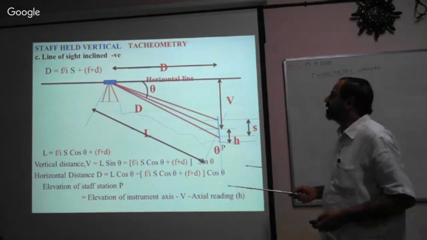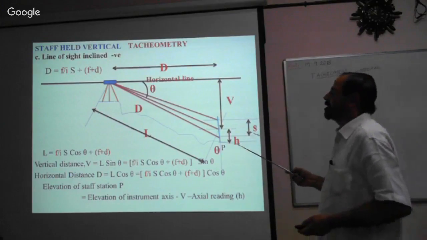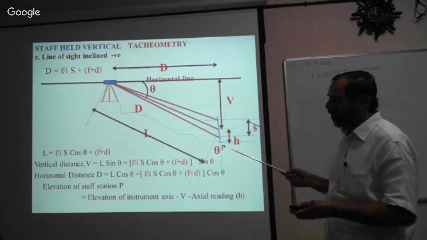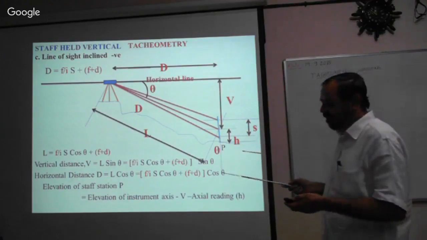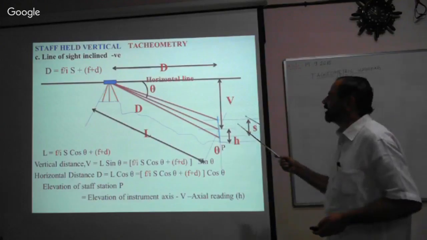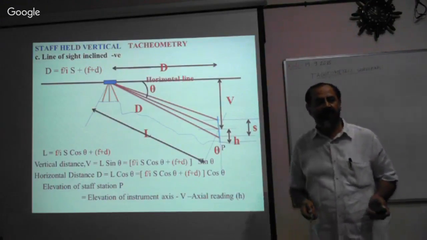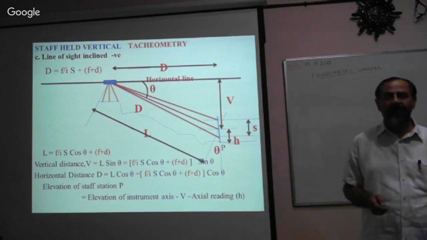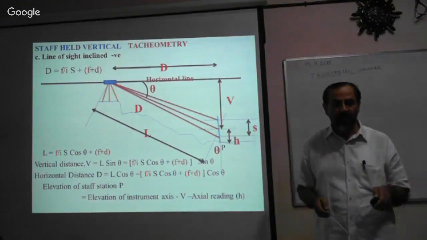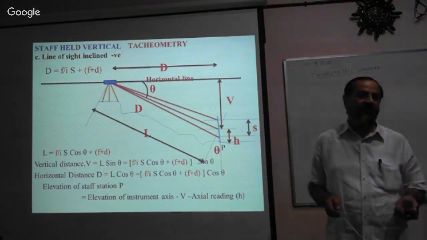These are the three cases we have discussed in the tachometric method, that is, the Stadia method. In the Stadia method, the line of sight is inclined upward, the line of sight is inclined downward, and the line of sight is horizontal.